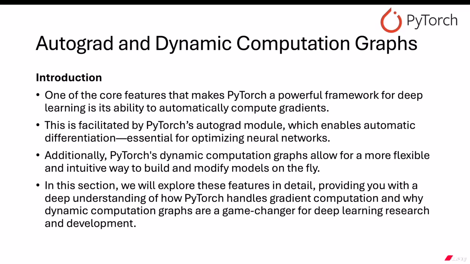Additionally, PyTorch's dynamic computation graphs allow for a more flexible and intuitive way to build and modify models on the fly. In this section, we will explore these features in detail, providing you with a deep understanding of how PyTorch handles gradient computation and why dynamic computation graphs are a game changer for deep learning research and development.